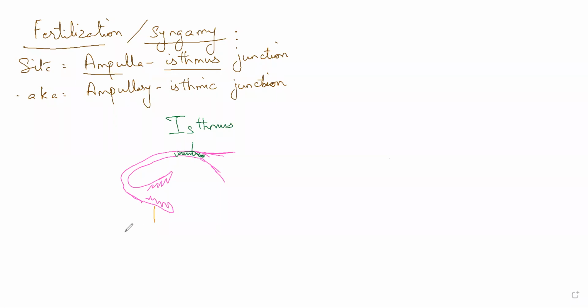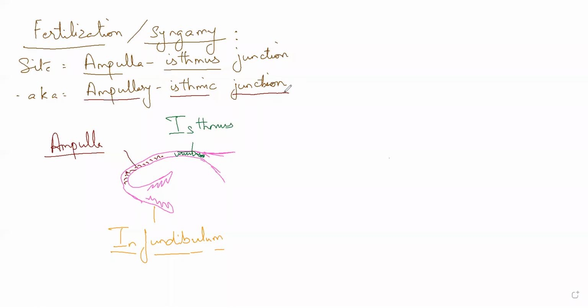This region is the infundibulum, and in between these two, this part is the ampulla. So the ampullary isthmic junction is the site of fertilization.